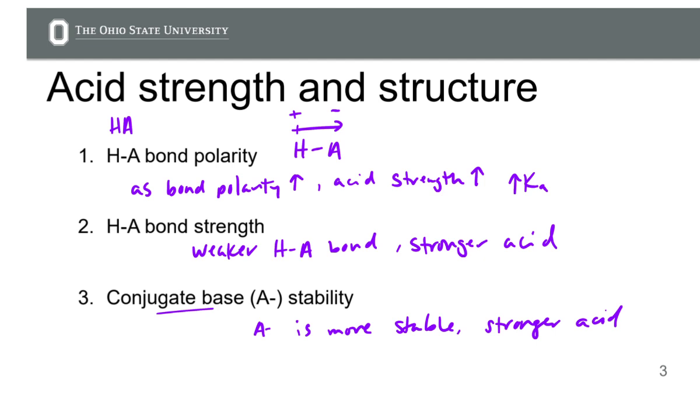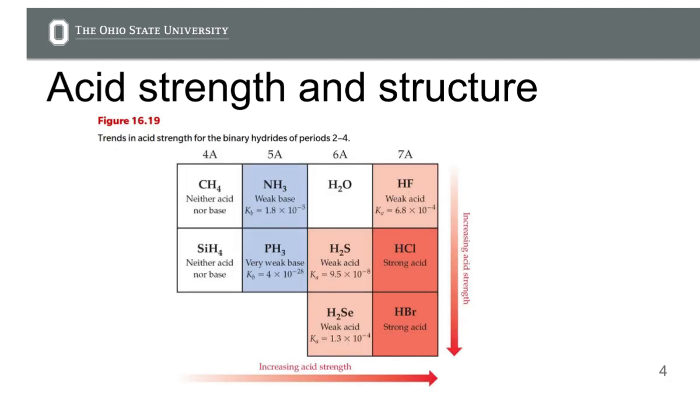Of course, all bonds have a polarity and all of them have a strength, and so we're going to call these rules or patterns into effect depending here. This asks you to recall periodic trends.